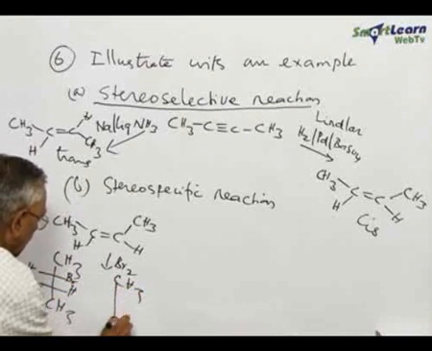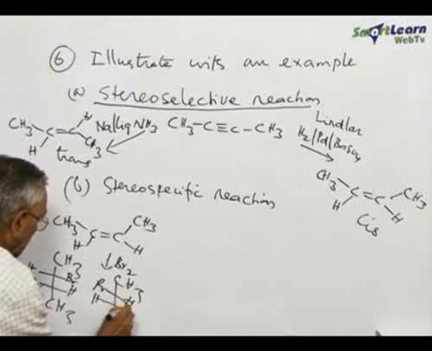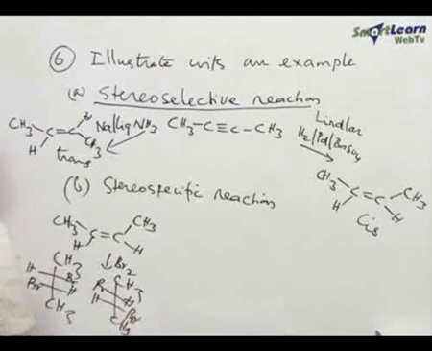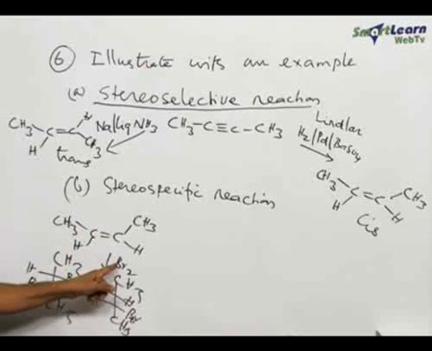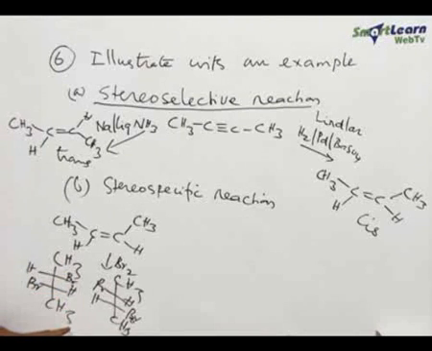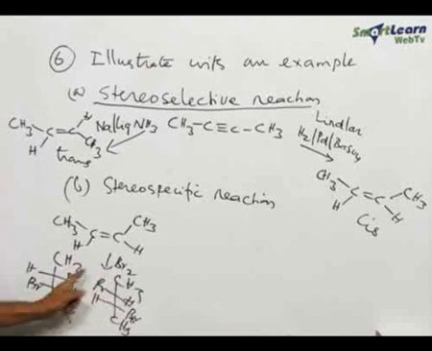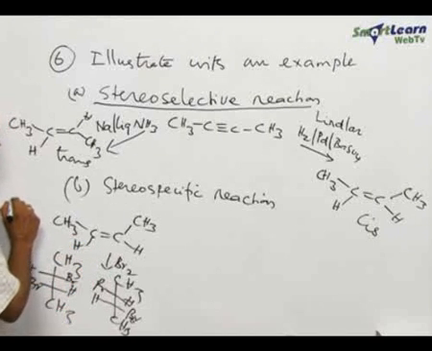These two are mirror images. Actually, cis-2-butene on reaction with bromine will produce 2,3-dibromobutane. This is optically active. We have a pair of enantiomers, so you get a racemic mixture.